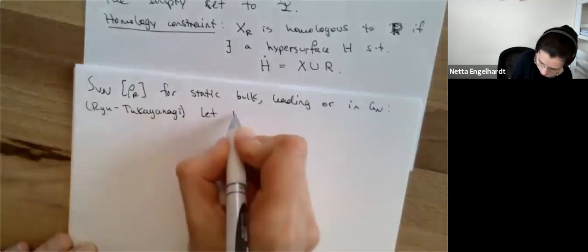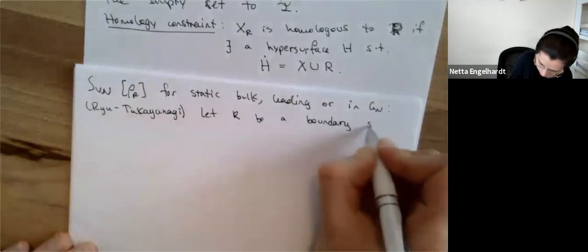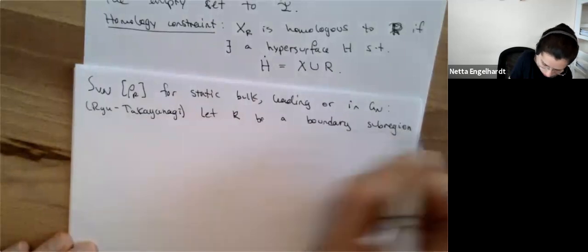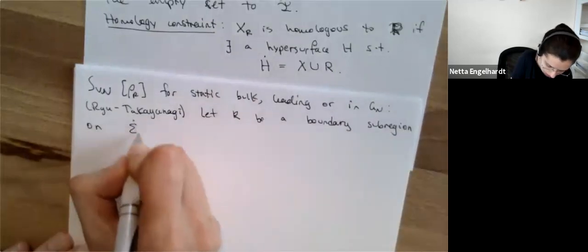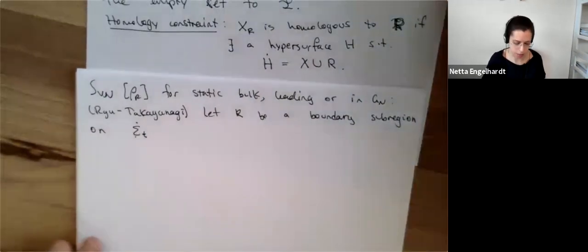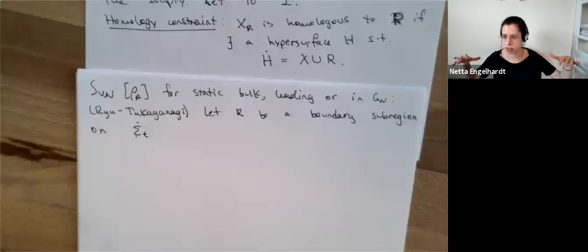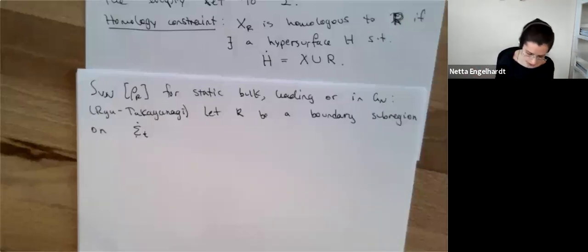So let R be a boundary subregion on sigma dot T. So this is a Cauchy slice of the asymptotic boundary. And in particular, it also is the intersection of one of these nice preferred foliation slices with that of the asymptotic boundary. So it's not just any Cauchy slice of the asymptotic boundary, it's one of these preferred ones that we inherit from the bulk. So let R be a subregion of that.